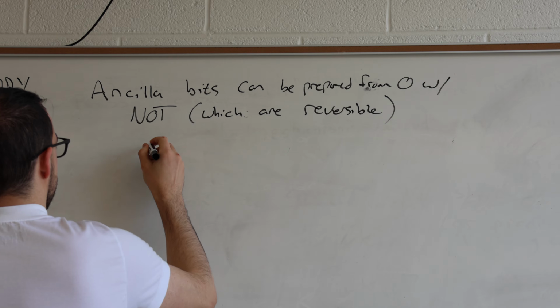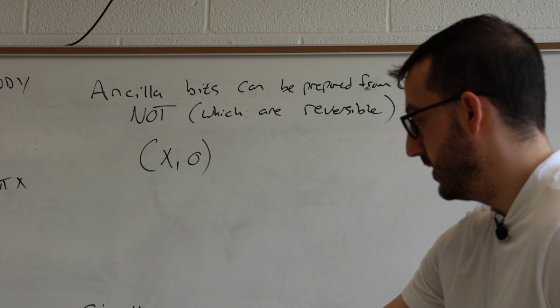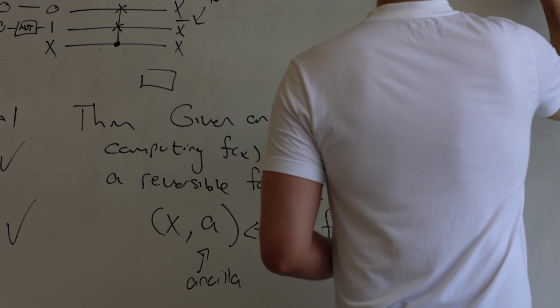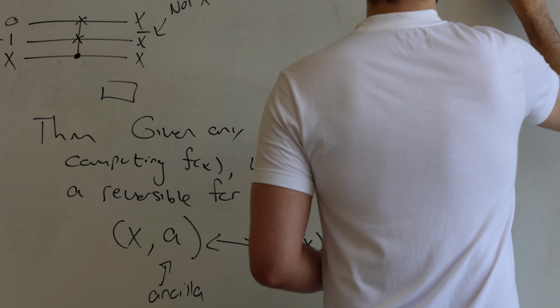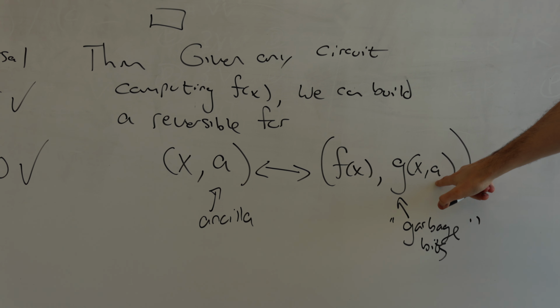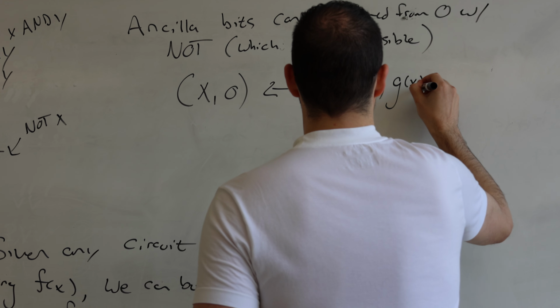Therefore, we can write it in the following way. Let's do it as x comma 0. Let's put the preparation of the ancilla into the circuit itself, which is this reversible arrow. And then we're outputting the function that we care about. And then the garbage bits will no longer depend on the ancilla because we put those in the circuit. So I'll just write that as g of x now.